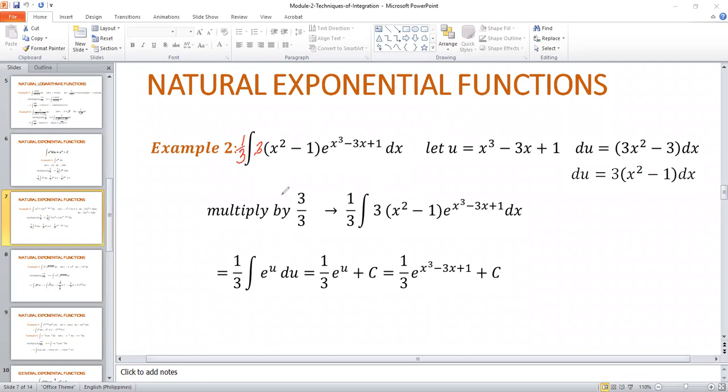So that would be 1/3 e^u. Why? Because this is your e^u and this is the du. The integral of e raised to u du is e raised to u. Right? So just complete the derivative of the u.